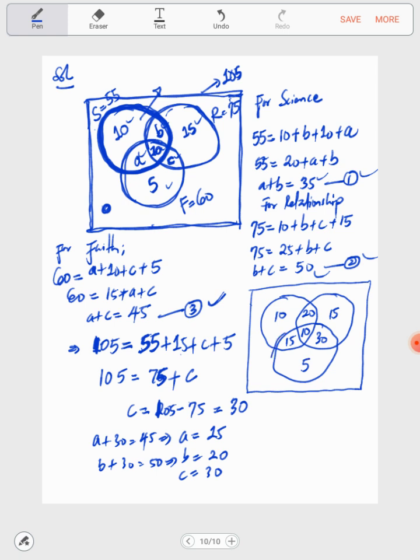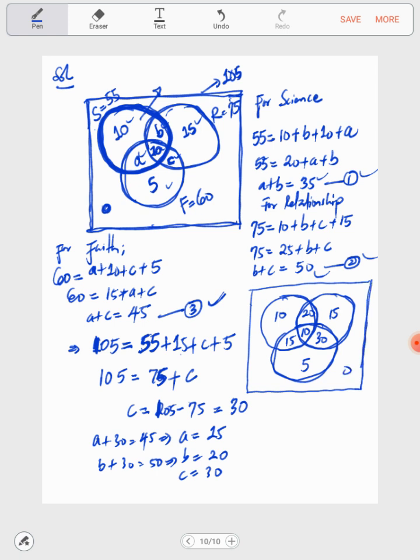You might want to check: if you add all these, does it correspond to the 60 that we wrote here? It is 15 plus 10, 25, plus 30, 55, plus 5, 60. Check this also, is it 55? Yes, 20 plus 10, 30, plus 10, 40, plus 15, 55. I checked the last circle. Is this up to 75? 20 plus 15, that's 35, plus 10, that's 45, plus 30, that's 75. Good. So this is 0.